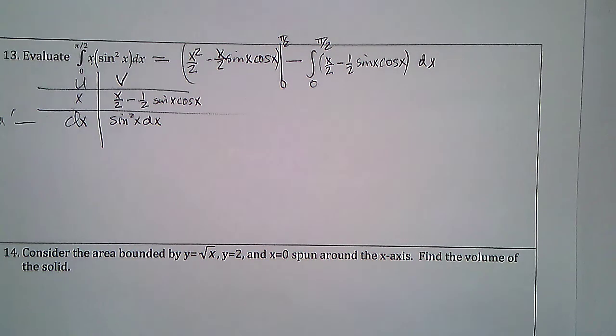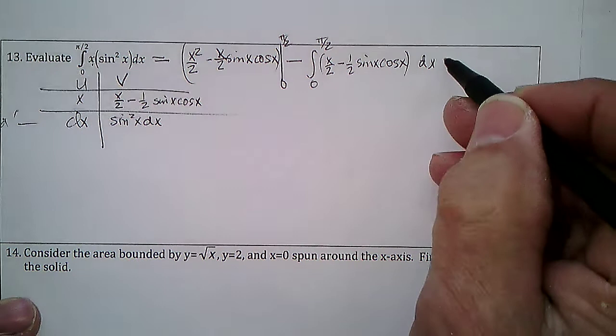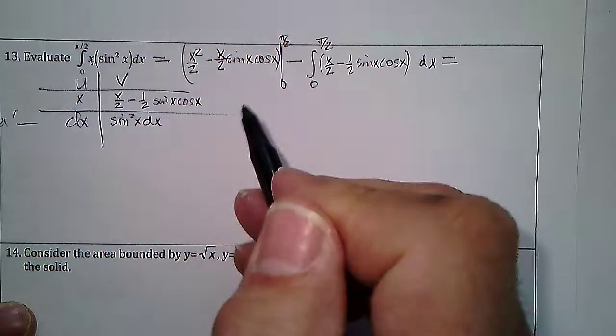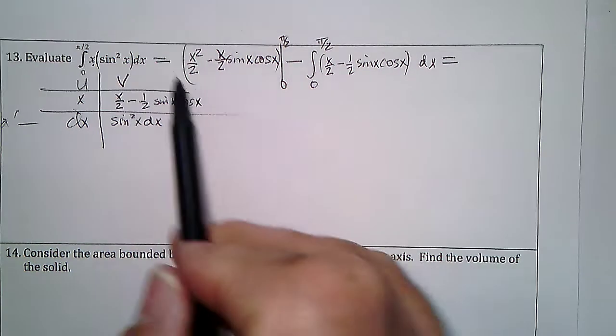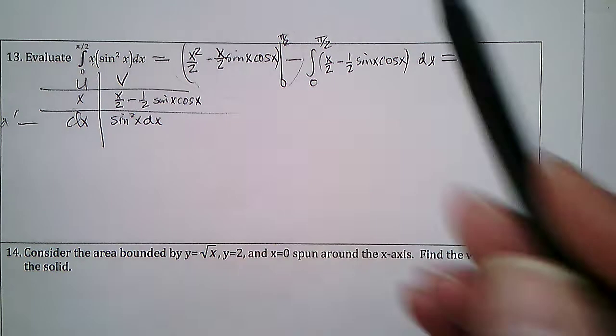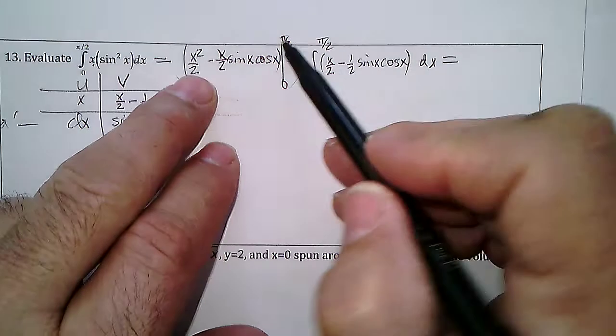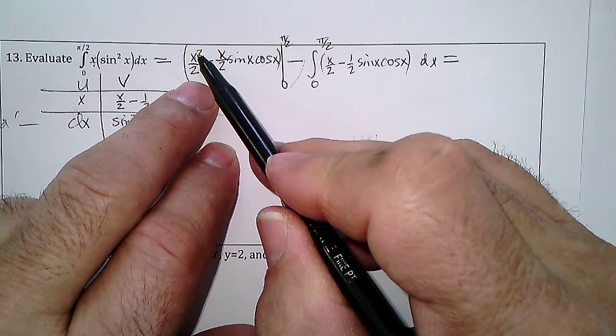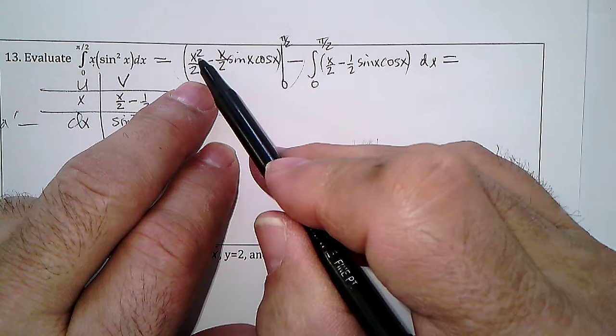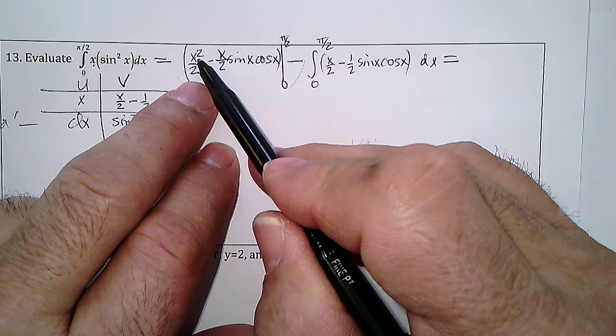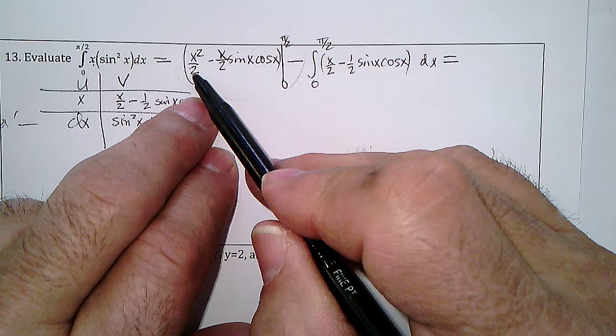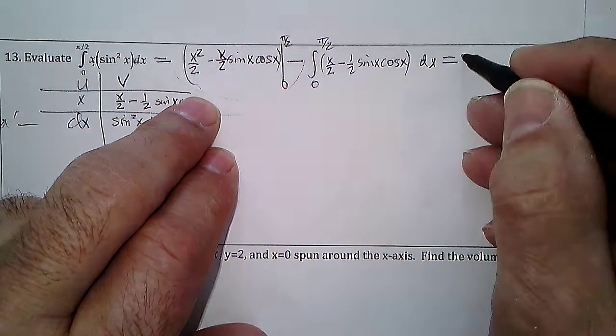Okay, so let's just figure this part out, get this taken care of. So this is pi squared. When I put pi over 2 in there, that's pi squared over 4 divided by 2, so it's pi squared over 8.